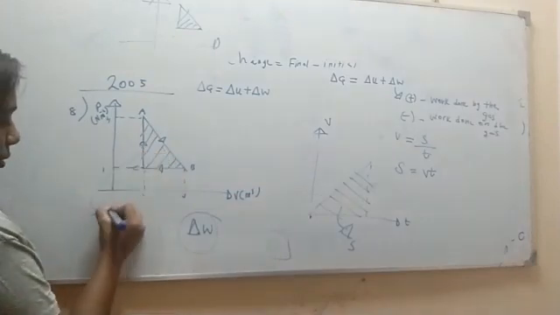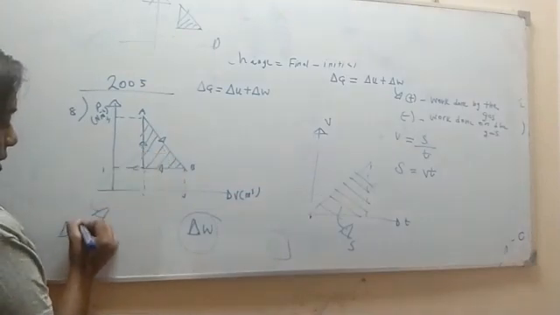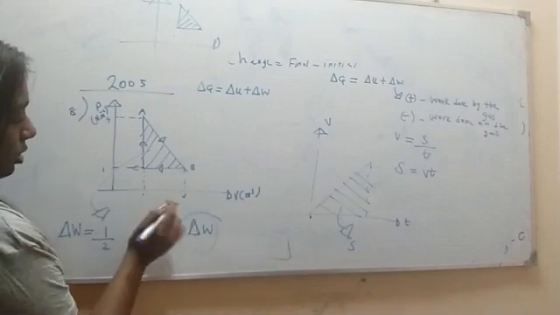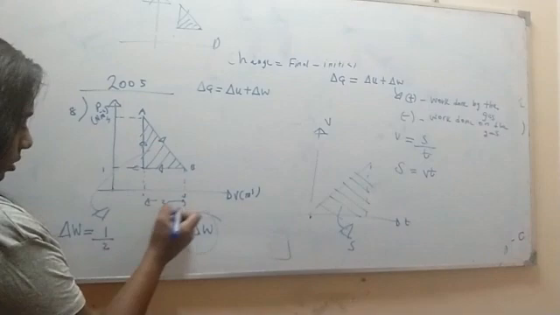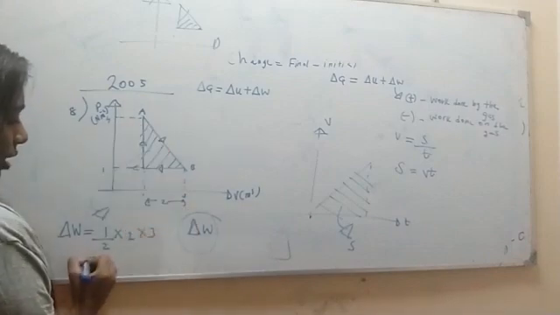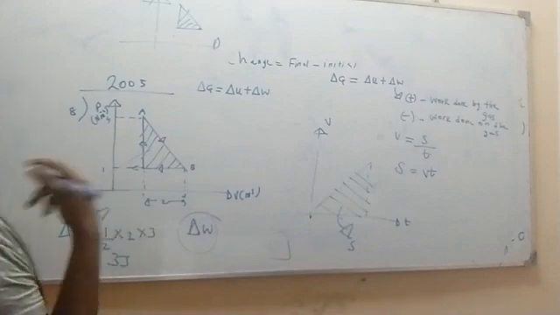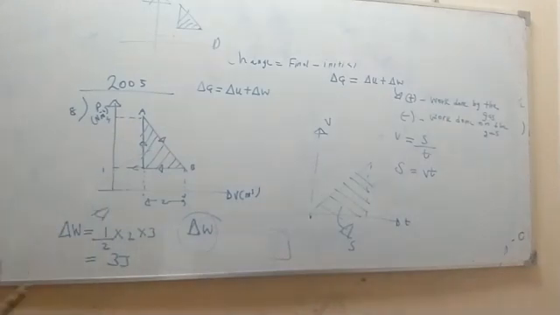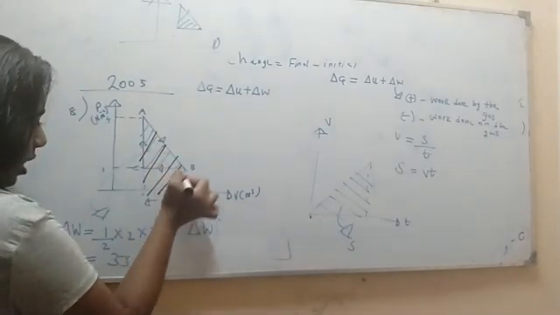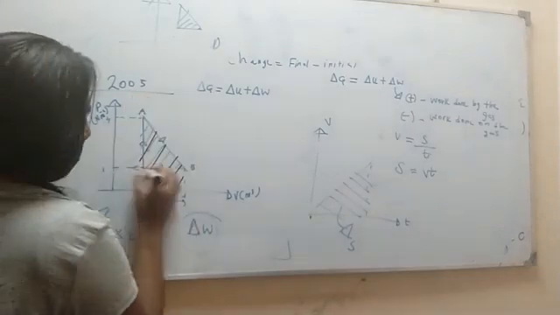Therefore, delta W is equal to half into base into perpendicular height. The base is 2 and the perpendicular height is 3, therefore 3 joules is the work done. That is a shortcut way. Otherwise, as in the previous question, we can consider each process: A to B, work done is the area under it; B to C similarly.